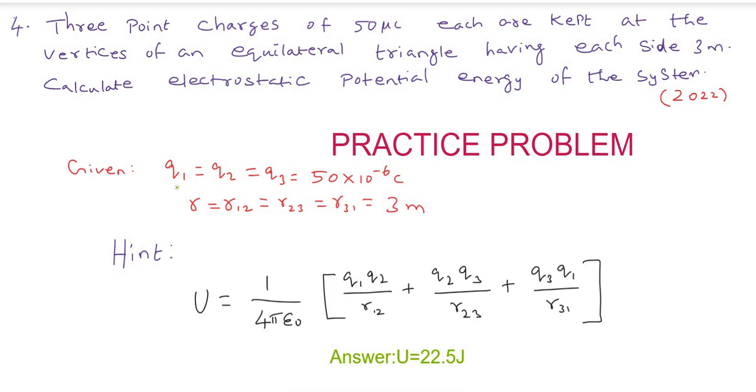Given Q1 equal to Q2 equal to Q3 equal to 50 into 10 power minus 6 coulomb. R equal to R12 equal to R23 equal to R31 equal to 3 meter. Hint: formula U equal to the same formula, U equal to 1 by 4 pi epsilon naught into Q1 Q2 by R12 plus Q2 Q3 by R23 plus Q3 Q1 by R31.